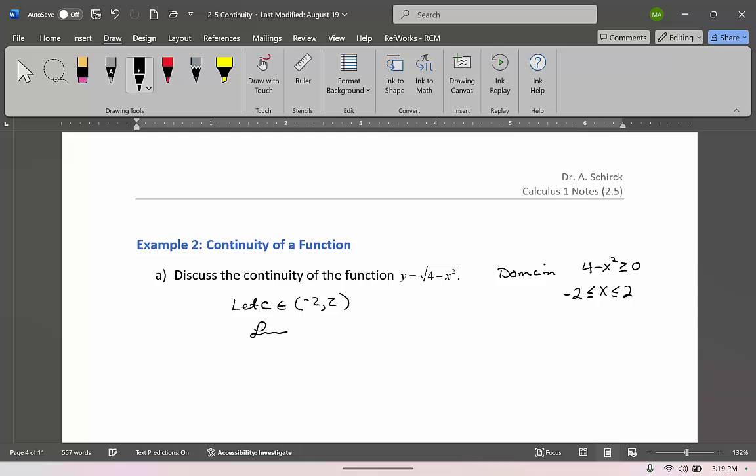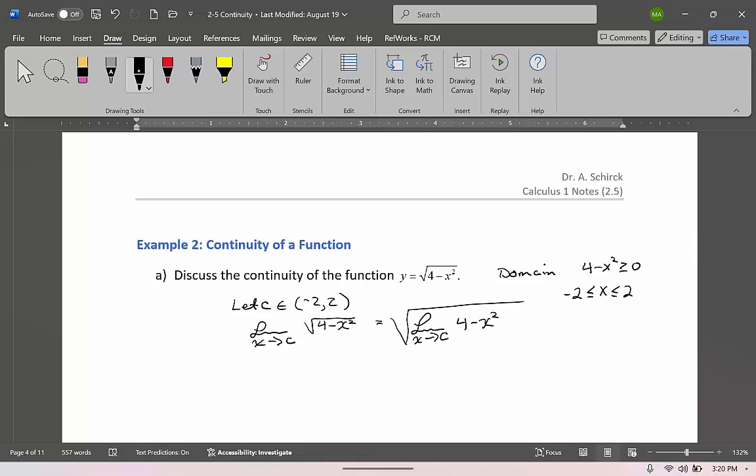Then the limit as x approaches that point c of the square root of 4 minus x squared is going to equal, according to our limit properties, the square root of the limit as x approaches c of 4 minus x squared.